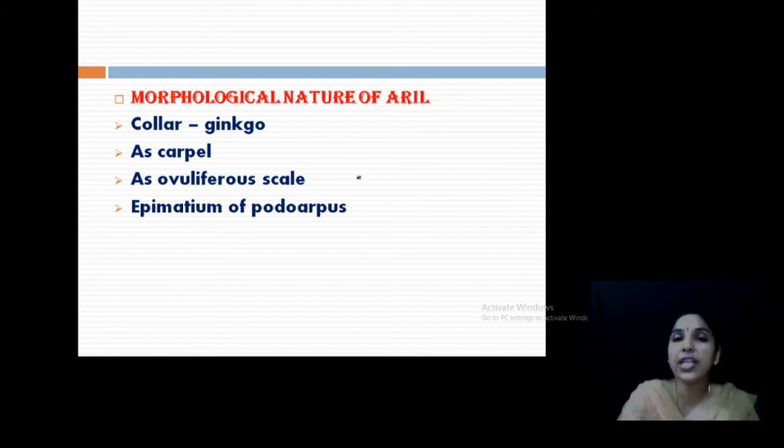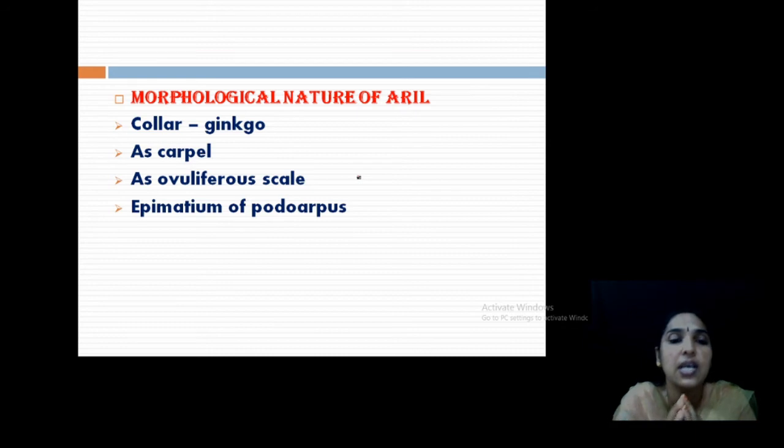Then the aril is very important. There are various morphological interpretations of the aril. According to some scientists, this aril can be compared with the collar in Ginkgo. In Ginkgo, the female ovule has a structure at the base, that is the collar. The same structure is present in another coniferalean member, Podocarpus, where it is known as the epimatium. And you can also compare this with the carpels in angiosperms.